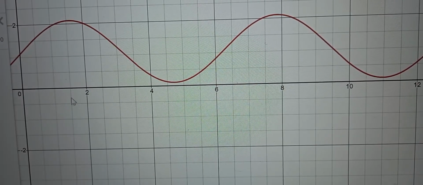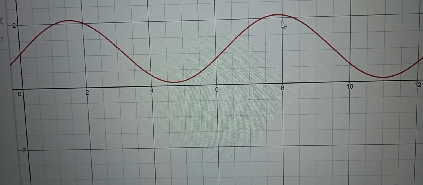Here the distance is 1.5, right? So that is 2, that is 0, so I have a crest at around 1.5 meters from the point I am measuring the distance. If I move ahead, I reach here, and this is around 8. So the next crest is at 8 meters. So 8 minus 1.5 gives me 6.5.